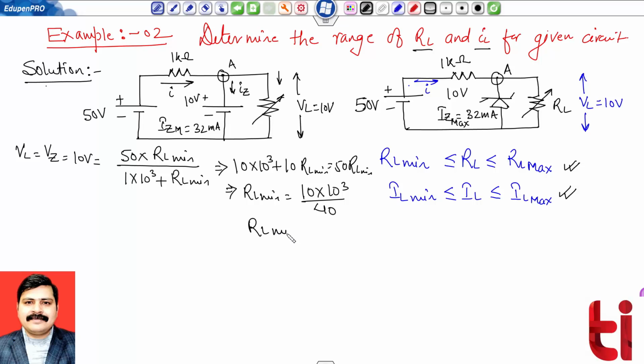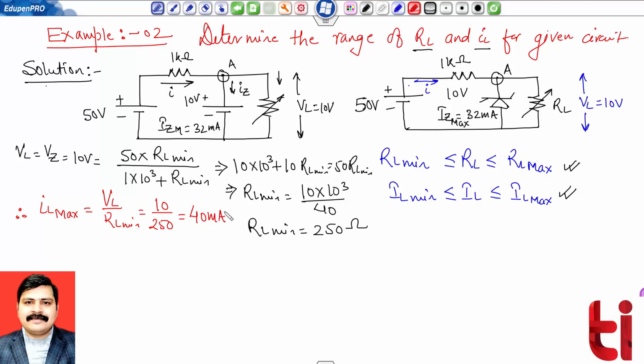Therefore, my RL min will be equal to 250 ohm. So if RL min is 250, therefore current IL max will be equal to VL divided by RL min, which is equal to 10 divided by 250, and this will come up to 40 milliampere.